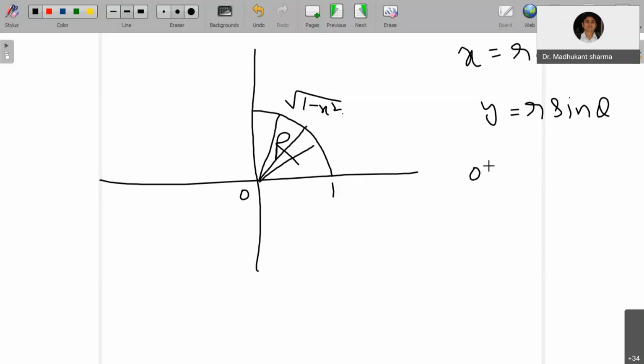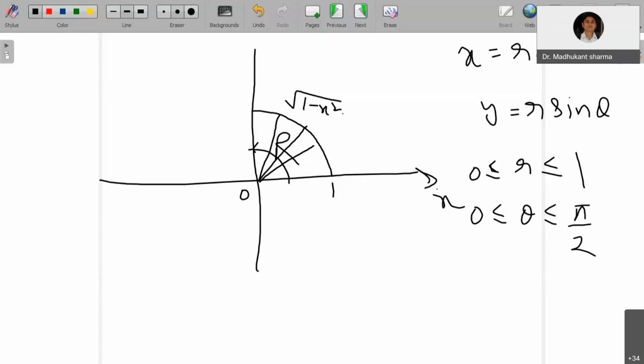So r is 0 less than equals to r less than equals to 1. And theta limit is from 0 to pi by 2. So 0 less than equals to theta less than equals to pi by 2. So this first quarter of the circle is mapped onto a rectangle in the r theta coordinate system.